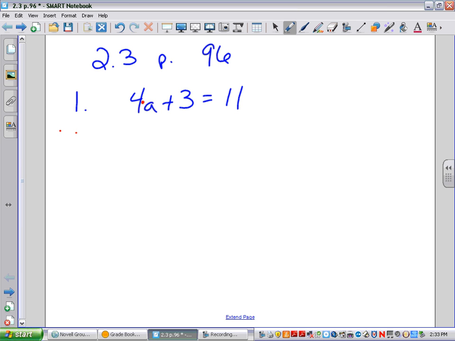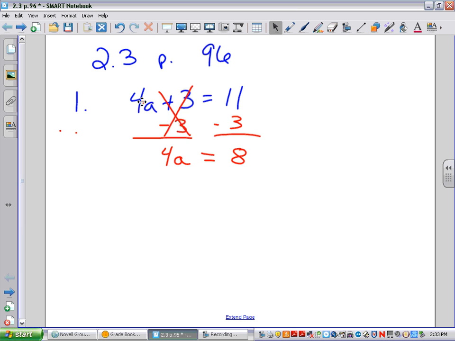You must work with the plus first. So how do I get rid of a plus 3? You subtract 3. If I subtract 3 from one side, I subtract 3 from the other side. Of course, we're used to x-ing the opposites out. I can bring down my 4 times a, and that would equal 11 minus 3 is 8.